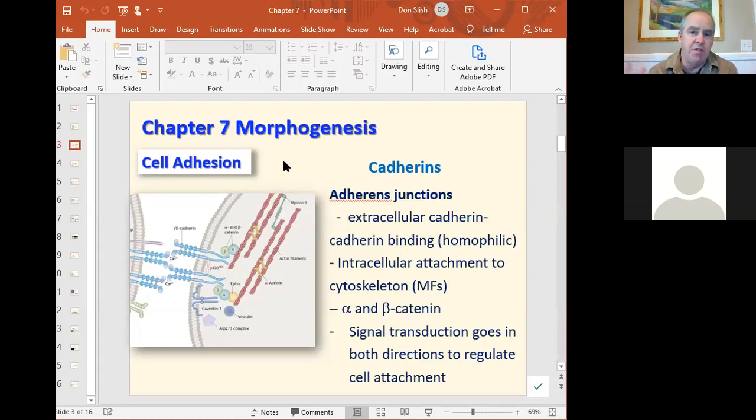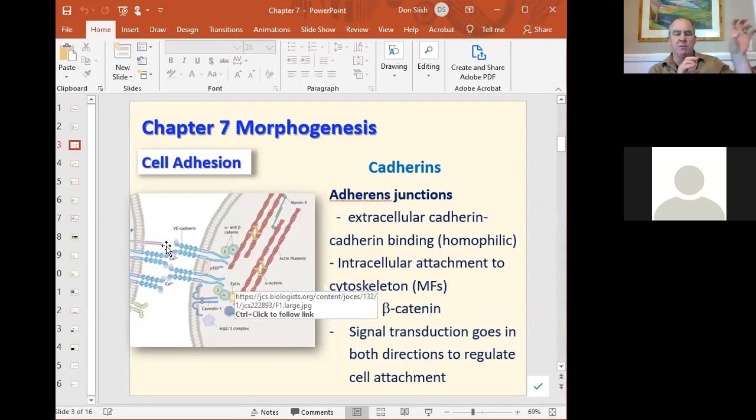And kind of a theme we'll talk about quite a bit here is when there's information going in both directions, from the cell to the exterior connection, from the exterior connection into the cell. When the cadherins are activated from the inside by signal transduction, they're going to grab onto other cadherins really strongly. And the inside of the cell can change their conformation and they'll let go of cells.